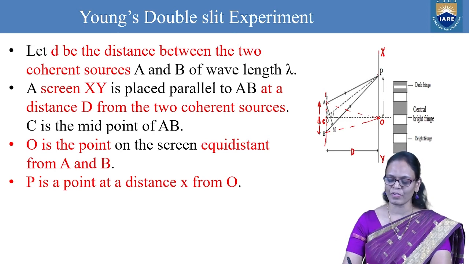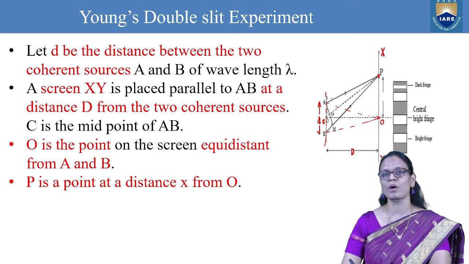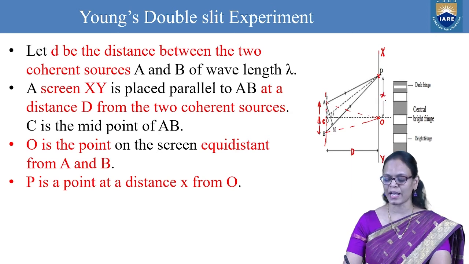Now, consider a point P, where the waves from these two slits A and B reach. This point P is at a distance x from the central point, because we are going to find the distance at which the next bright fringe is formed. We have the central bright fringe because the waves are traveling equal distances.